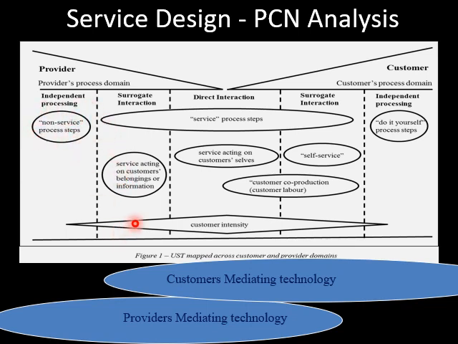And what's quite important to recognize here is this space is where customers are most intense, and when there is most intensity in the direct interaction and face-to-face. And all of these process steps are now more and more mediated by technology. So we have technology connecting provider and customer, and sometimes they will be connected in surrogate, and sometimes they will be connected in direct interaction.